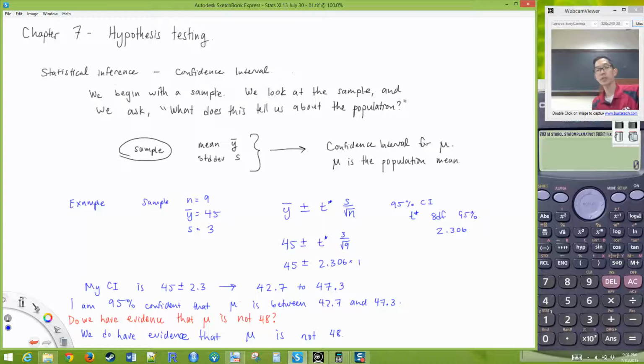With a confidence interval, we start with a sample and we say, what does this say about the population? When we do a hypothesis test, we start with a question, or we start with a claim.